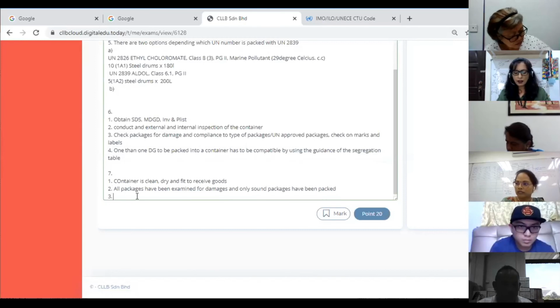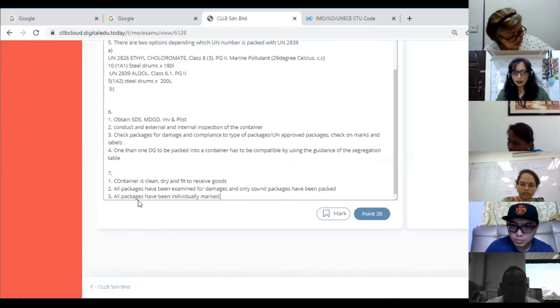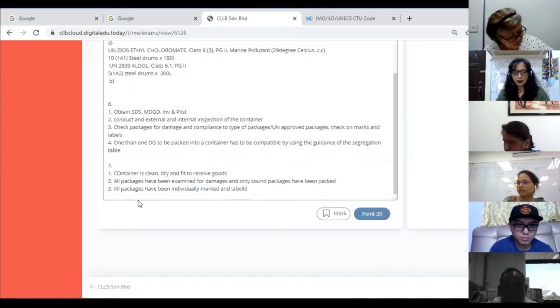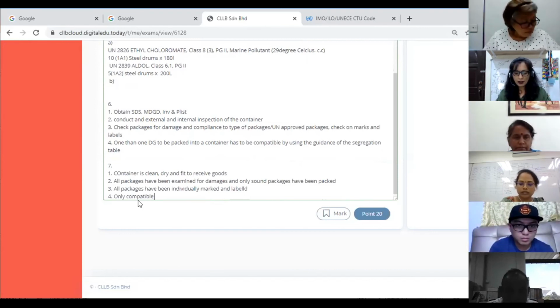Number 3, all packages have been individually marked and labeled. Number 4, only compatible DG are packed in the container.